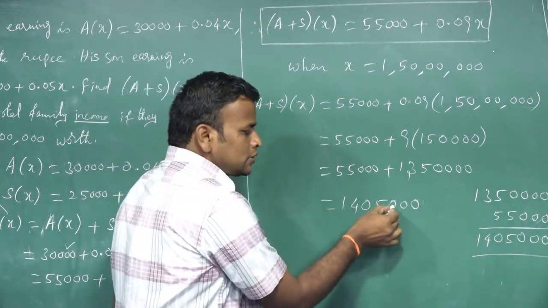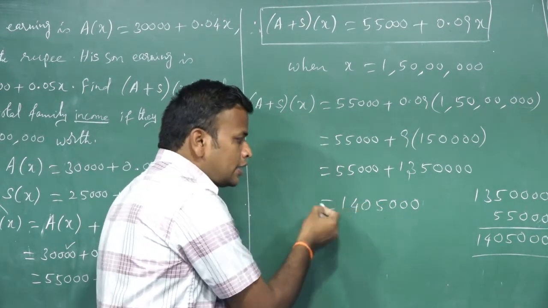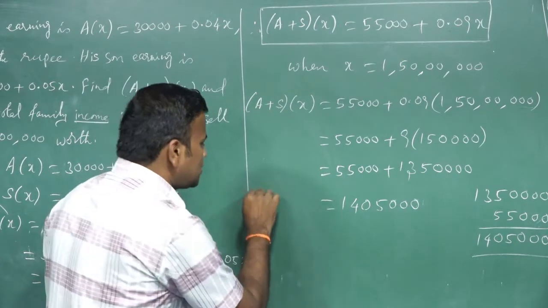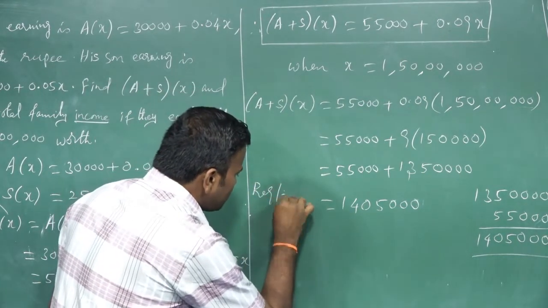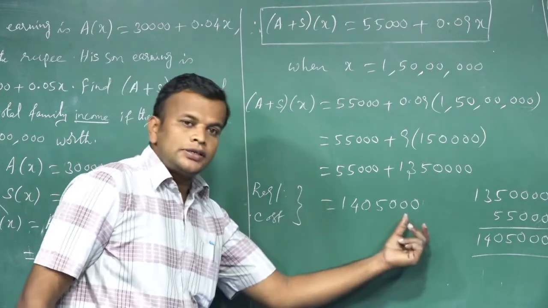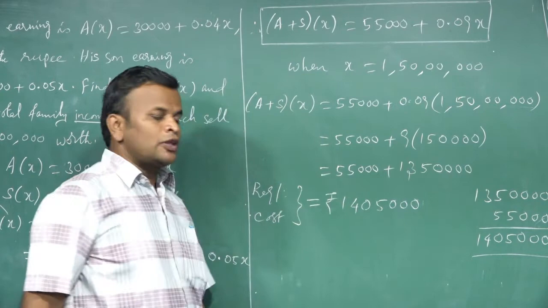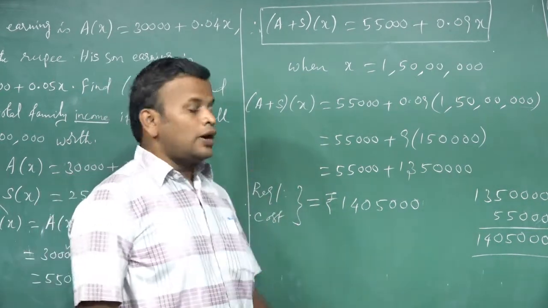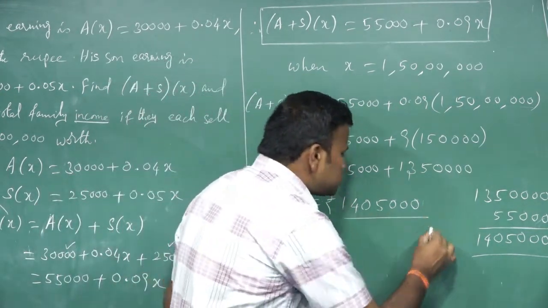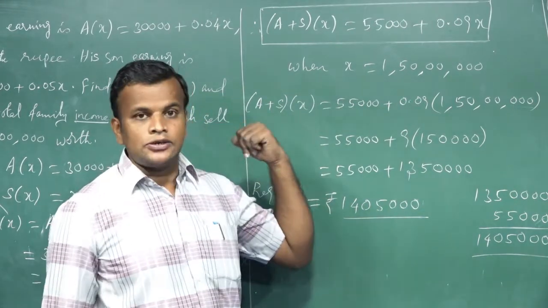Ones, tens, 100, 1,000, 10,000, lakh and 10 lakhs. So which is the required cost. So we write just the answer, or we write the rupee symbol also. So the total income of the family is 140,500. It is the required answer of the second subdivision.